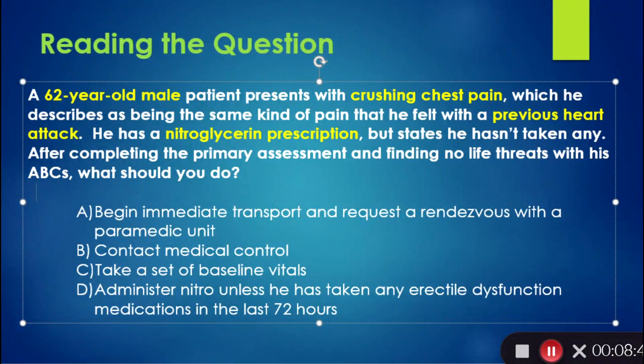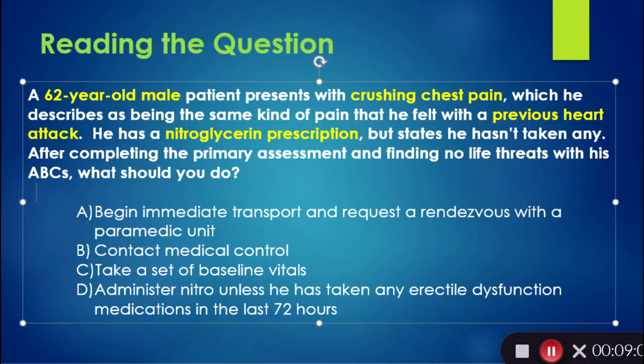So let's look at this. Okay. Now let's look at our options and see if they mesh with that. Well, let's just look at this. I've got a 62-year-old male patient. He's got a history of a heart attack. He has nitro prescribed to him, so we know he has a cardiac condition that continues on. He hasn't taken any nitro.